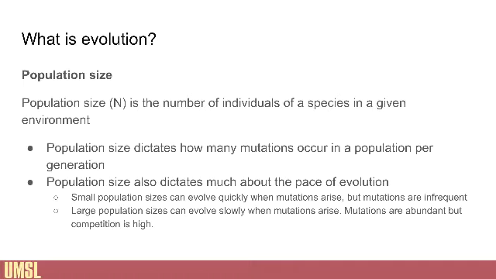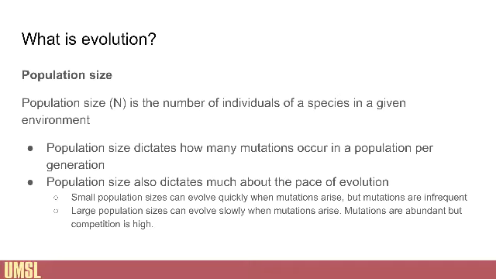What we saw from our last example is that population size dictates how many mutations occur in a population per generation. So if there's a given mutation rate, the larger your population, the more mutations that population is going to sample. Okay? And so that means population size dictates a lot about the process of evolution.